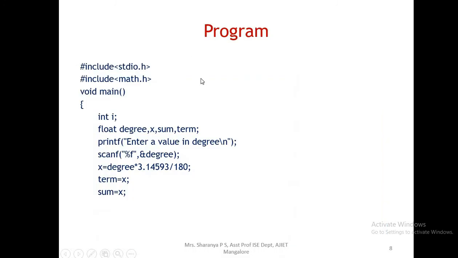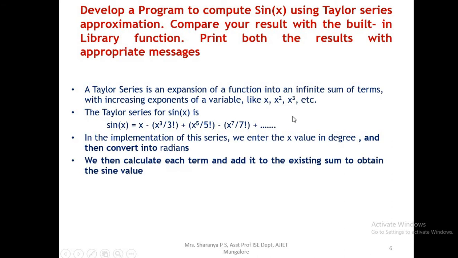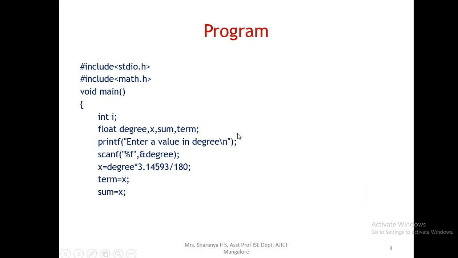If we look into the code here, the main objective of this program is to find the value. First, we are converting the given value, that is x, which refers to the value in degrees, into radians. Here, for example, we declare int i and float degree, x, sum, term.